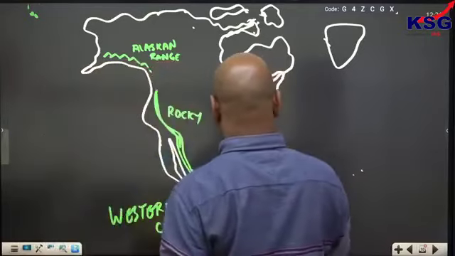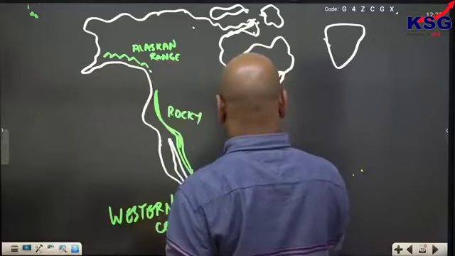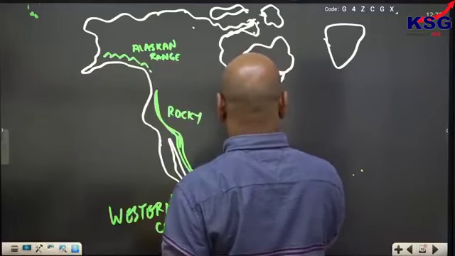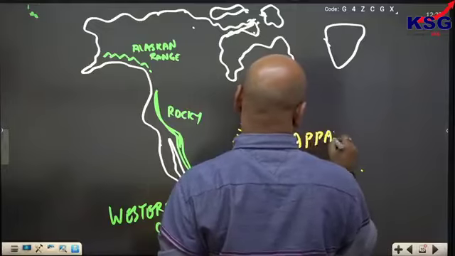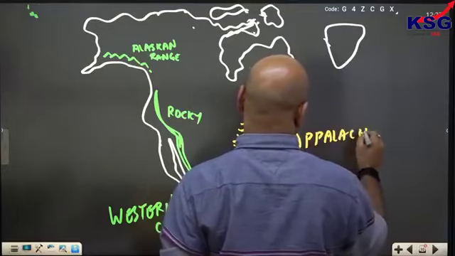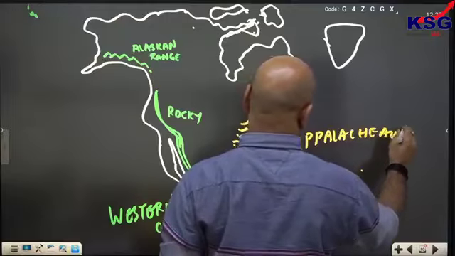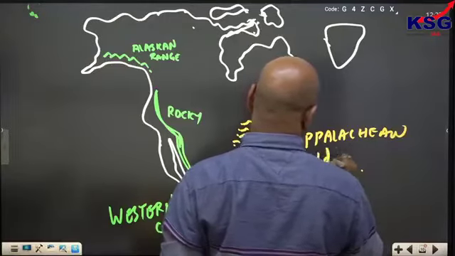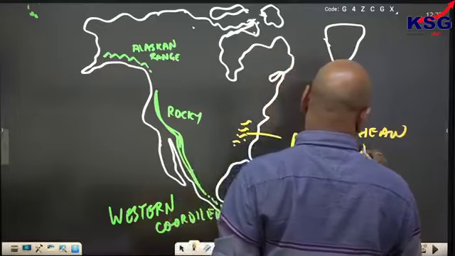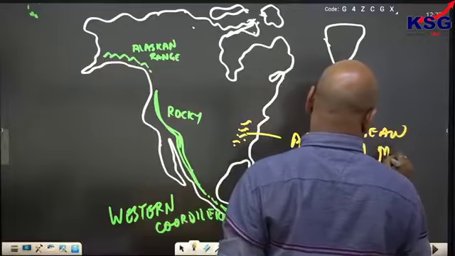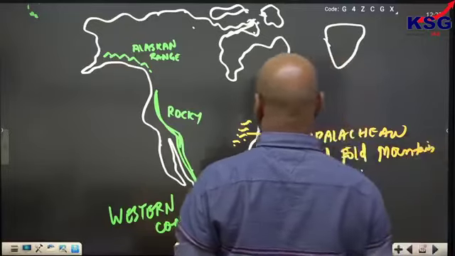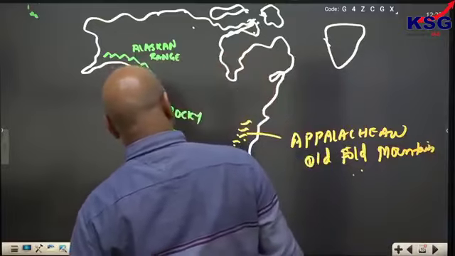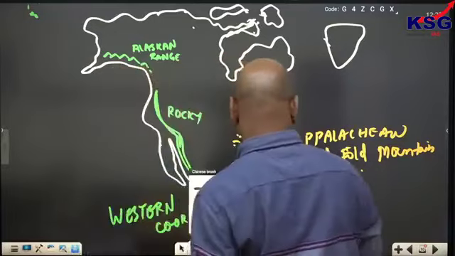This side here we have the mountain known as Appalachian. Old mountain. Appalachian Old Fold Mountain.